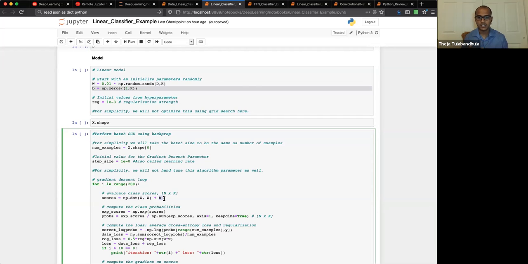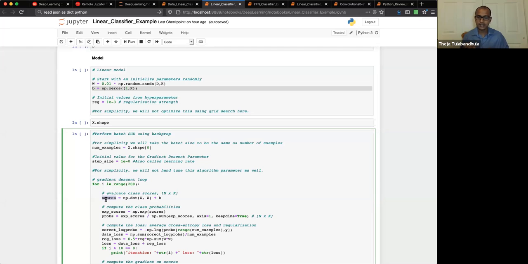Okay, so that's called broadcasting. So this is still a valid operation. And what you get here is scores. The scores matrix is a 300 cross 3, where 300 is the number of samples, by the way, and each row is essentially the scores for that example. So the first row has 3 numbers, and those 3 numbers represent, for that first example, which class you belong to. The first score represents how much you think you belong to class 1.